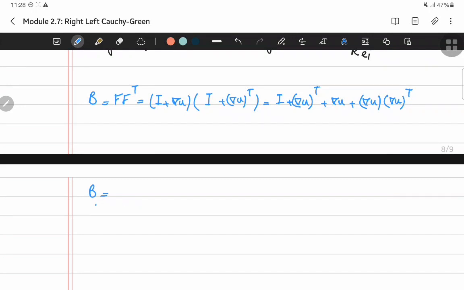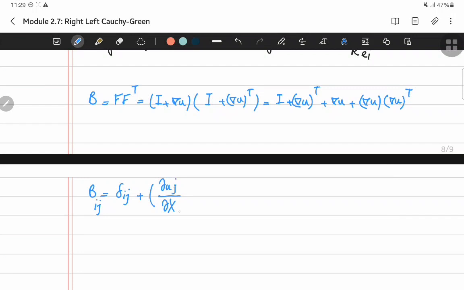And if I write it in indicial notation, I have Bij is equal to delta ij, which is I, plus del U transpose. So it is partial derivative of Ui with respect to xj, so it is transpose.